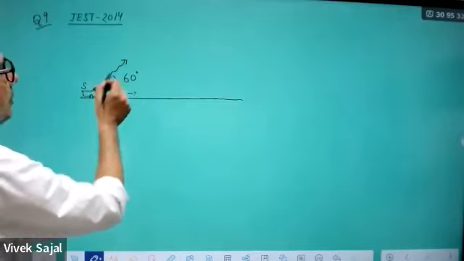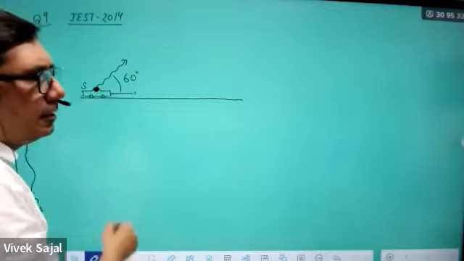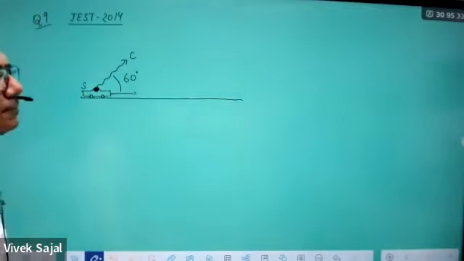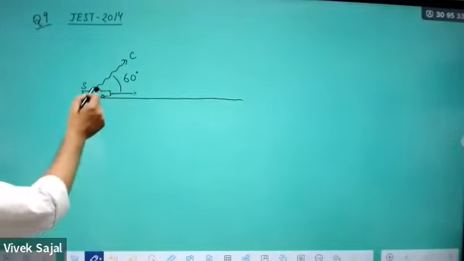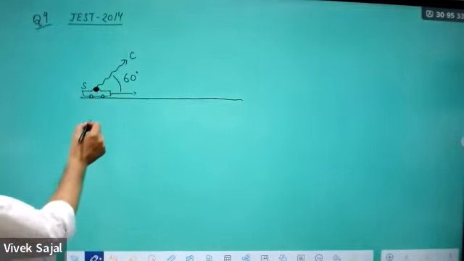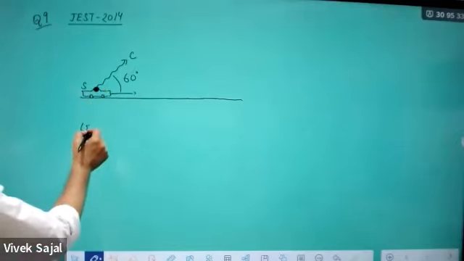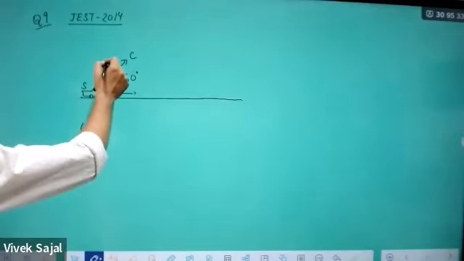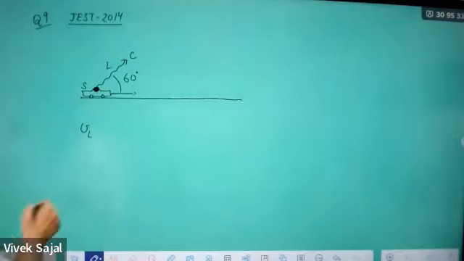So what will be the speed of light here? Speed of light will be c. So try to understand velocity of the light. This is light signal, with respect to the source.